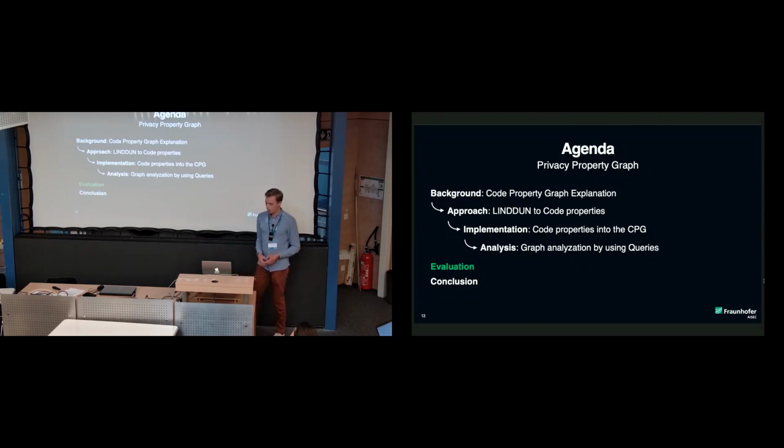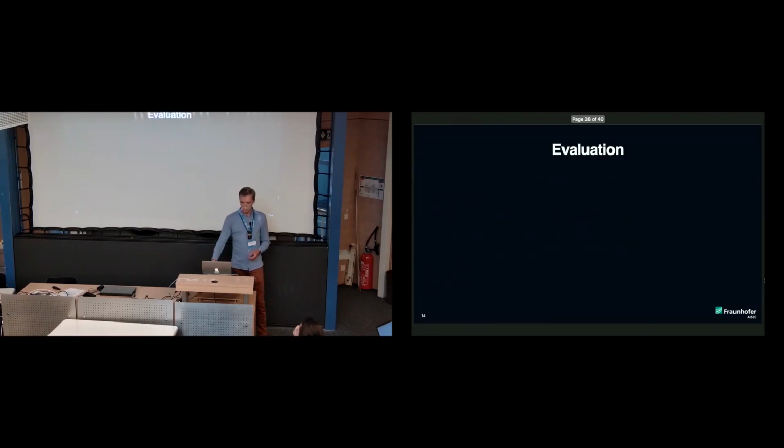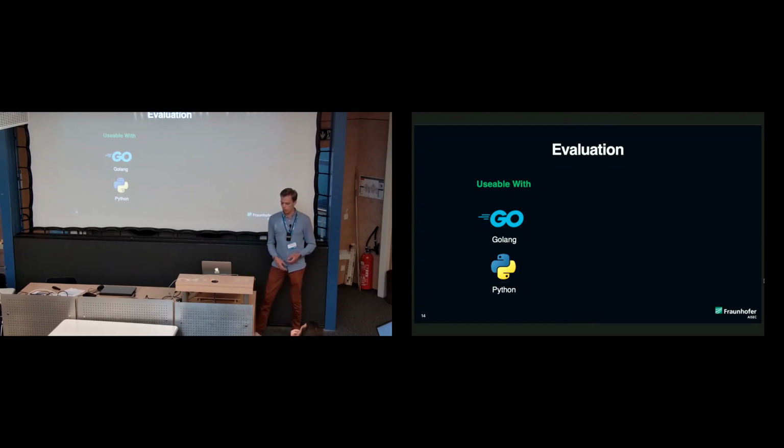To evaluate the approach, since there is no existing benchmark for this or an existing application we can compare to, we have developed our own testing suite that is composed of test cases for Go and Python.